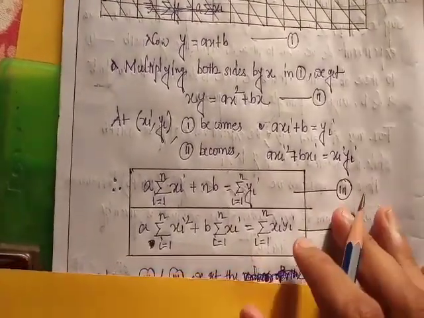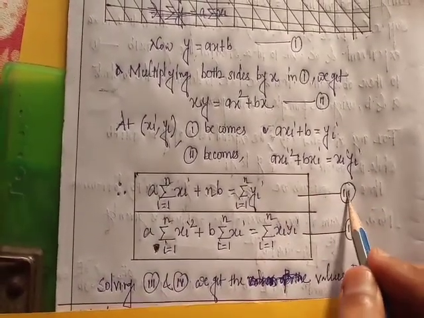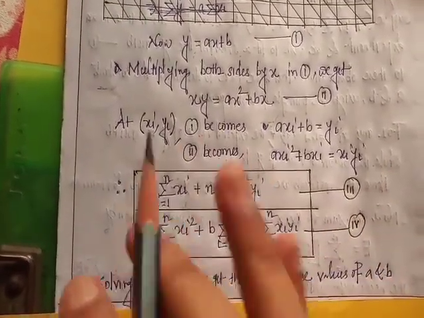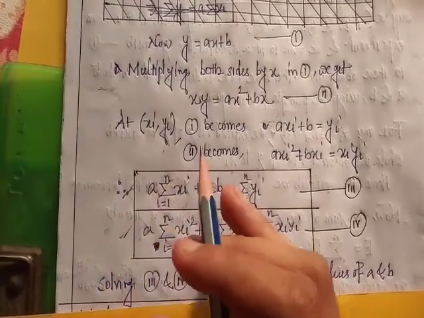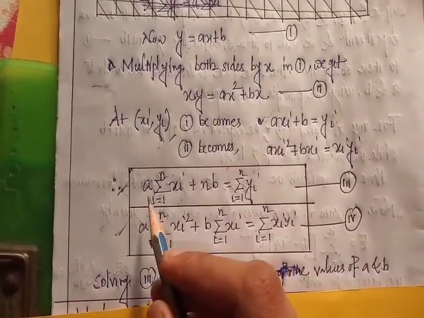These two equations, 3 and 4, are called normal equations, and solving them we get the values of a and b. This is the formula for finding a and b. Please remember this formula.